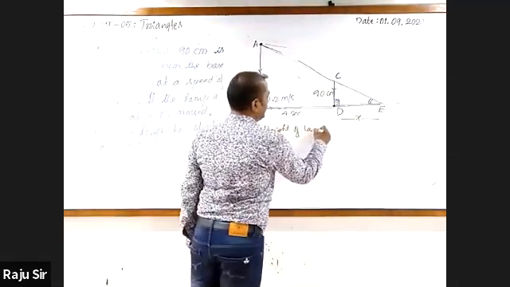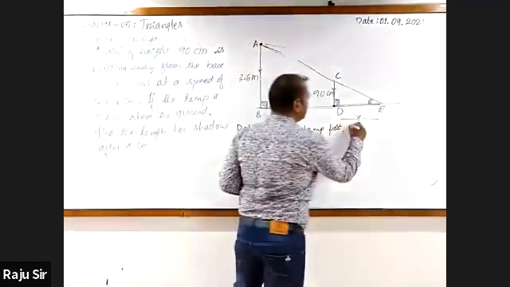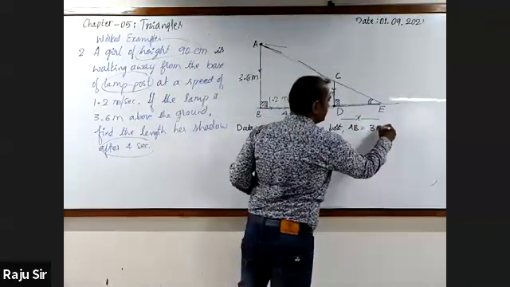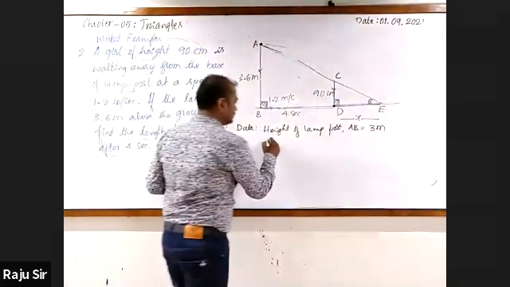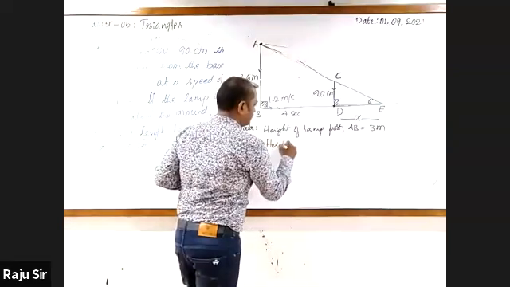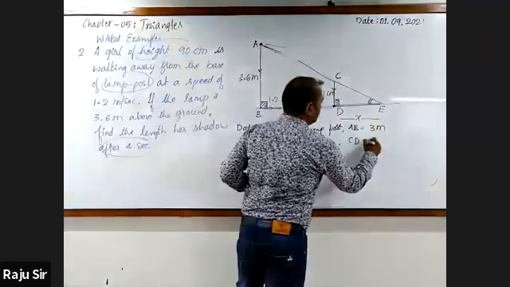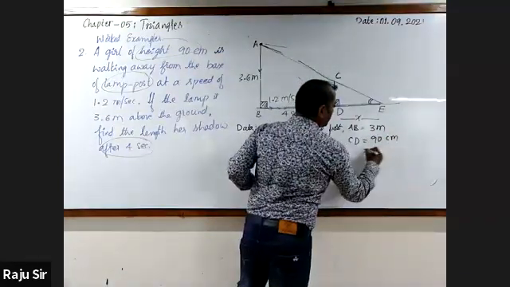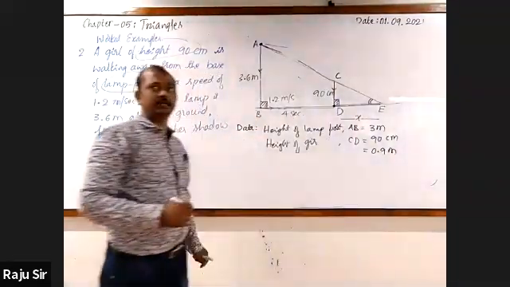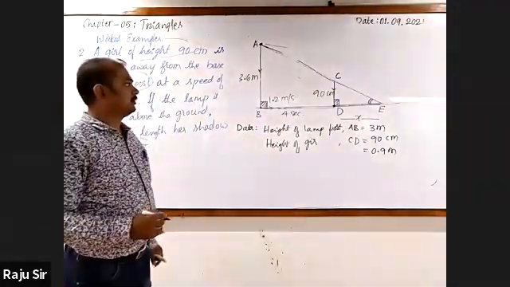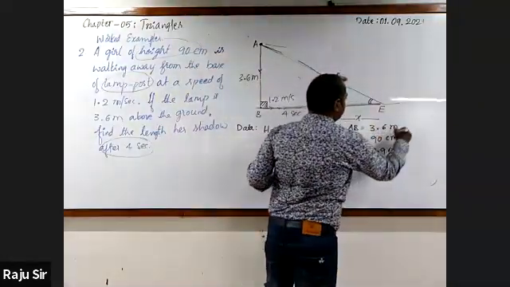Height of lamp post, it is AB equal to 3.6 meters. Please go on writing with me. Don't be lagging. Height of the girl. How much? It is 90 centimeters. It can be written as 0.9 meter.